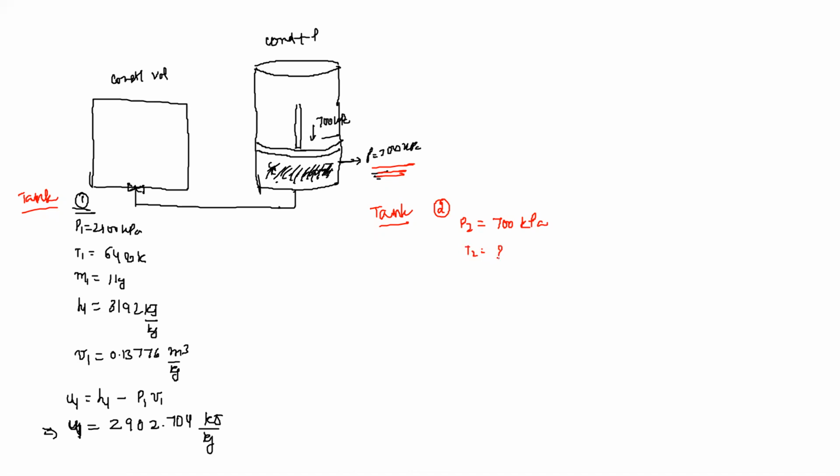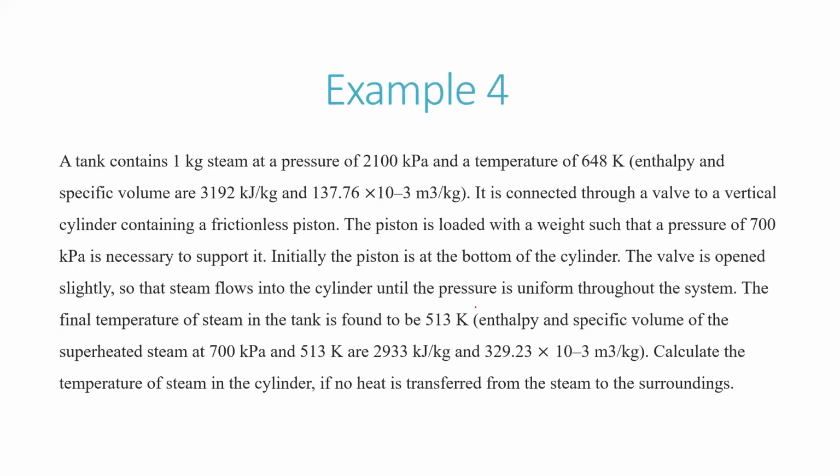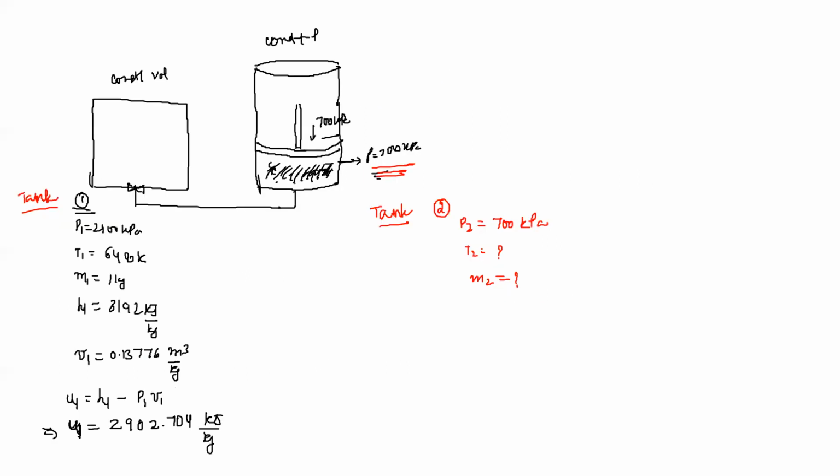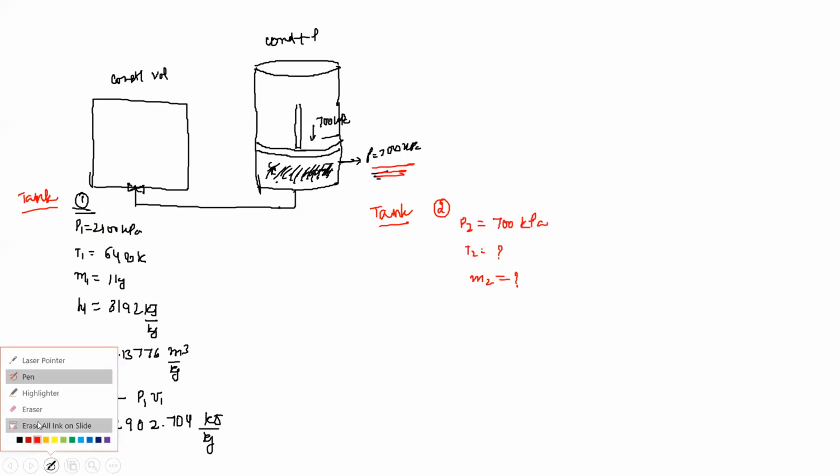Temperature we need to determine, and mass let us assume m2. Just a minute, the temperature in the tank is given. The valve is slightly open, so the steam flows into the cylinder. The final temperature of steam in the tank is found to be 513.